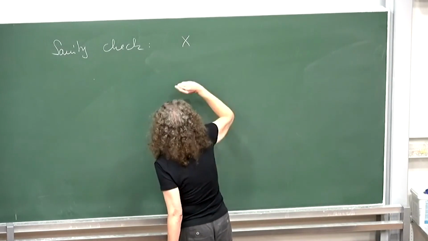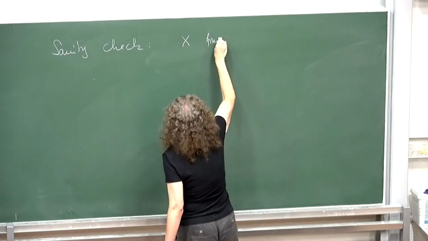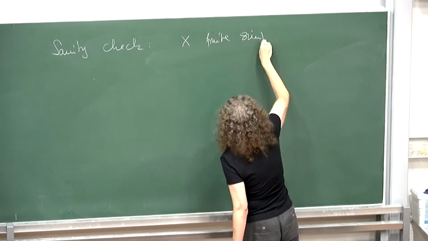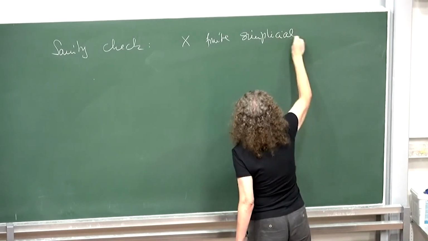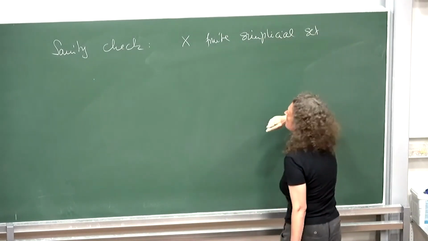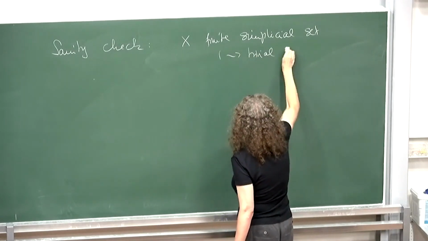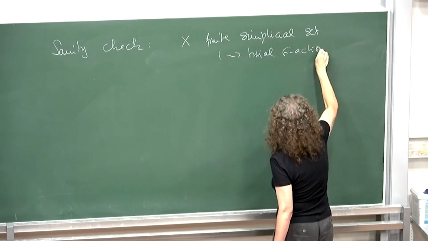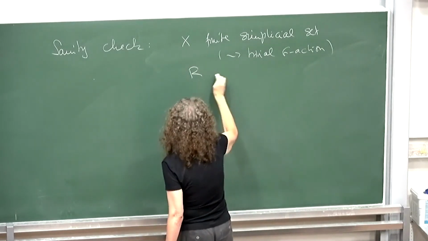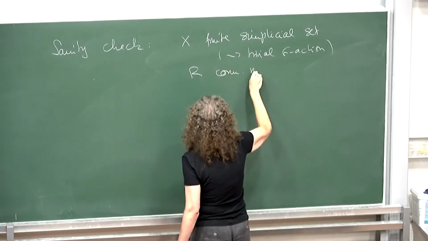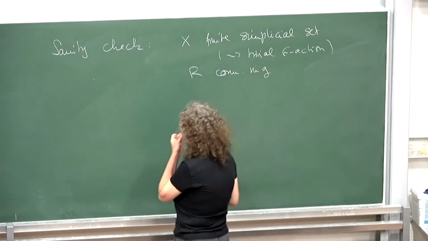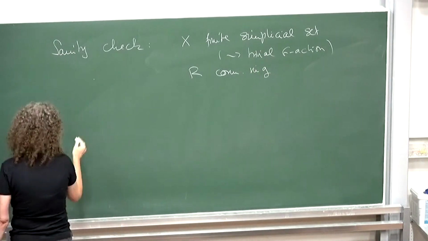So this is the setting: a finite simplicial set, we put the trivial G action on it, and R is a commutative ring without any G action. So what can I do?